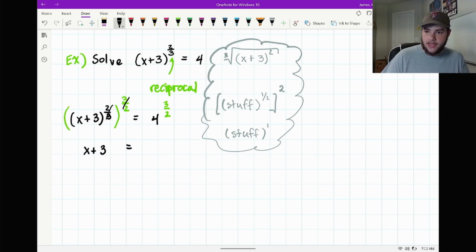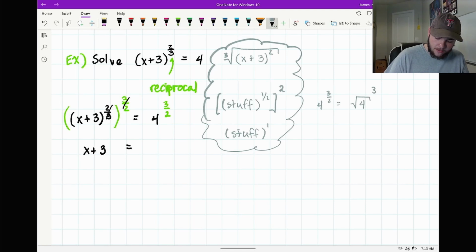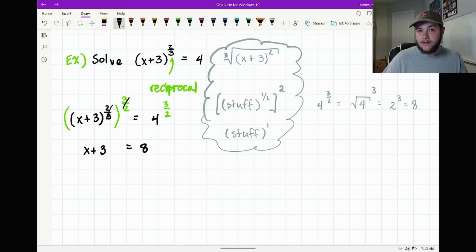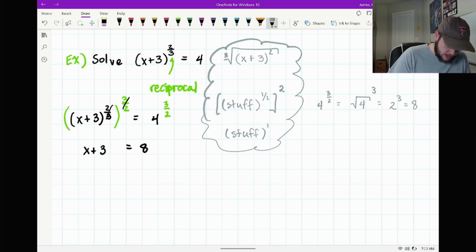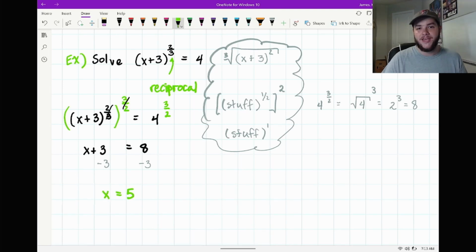On the right-hand side, remember, 4 to the 3/2 power is really the square root of 4 cubed. Square root of 4 is, of course, 2 to the 3rd power, which is 8. So the right-hand side simplifies to 8. And now I have a pretty simple problem to solve. I just need to subtract the 3 over, and I get x equals 5 as my final answer.